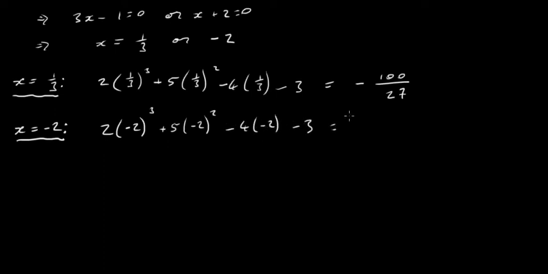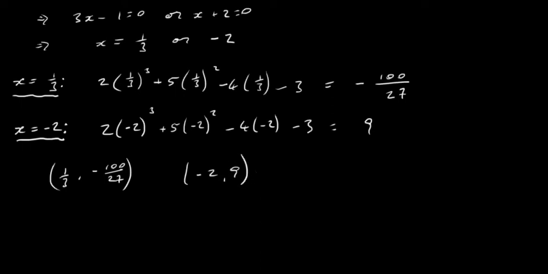When you actually do that, and again in an exam, do it line by line rather than trying to do it all at once, you actually get 9. So our two points are going to be 1/3, minus 100 over 27, that's 1 point, and the other one then is minus 2, 9.